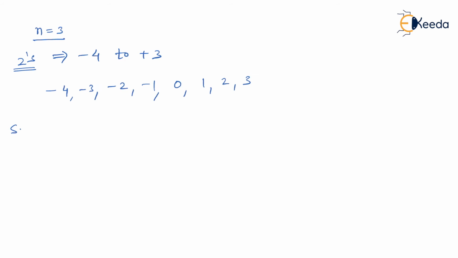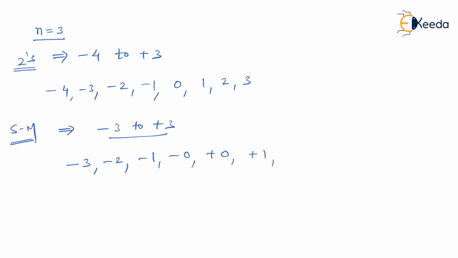Whereas in sign magnitude form, we have the range from minus 3 to plus 3. So it starts like this: minus 3, minus 2, minus 1, minus 0, plus 0, plus 1, plus 2, plus 3. Here I have not written plus, but it means the same.